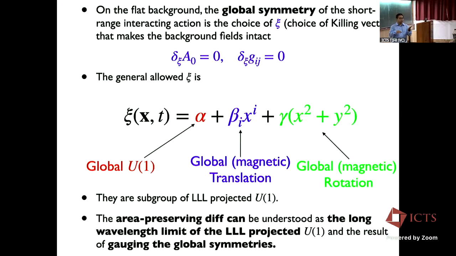So you need to have something like a Killing vector such that it doesn't change the background to have the symmetry. Because if you transform both the matter field and the background, then basically you can make the theory invariant, because it's nothing but a change in the way you label the coordinate. But if you have the active diffeomorphism transformation, that means you have the symmetry, because that's something that doesn't change the background.